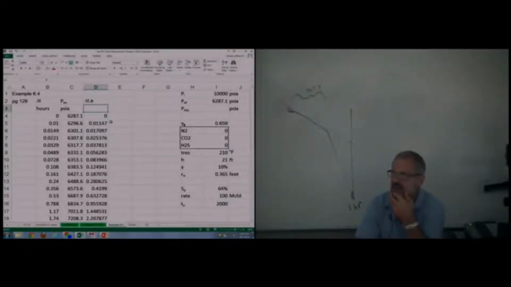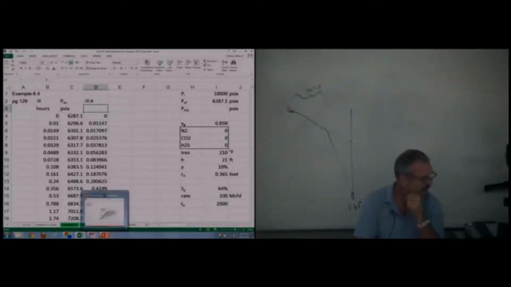So that's my time function. Now, since you just guessed the value of PI, it would only affect it as a constant. It only affects that leading coefficient, okay?